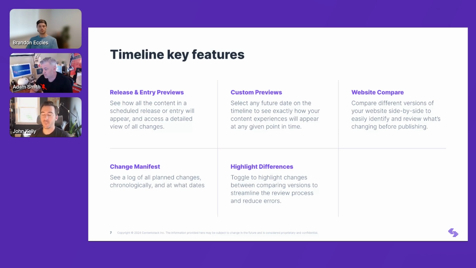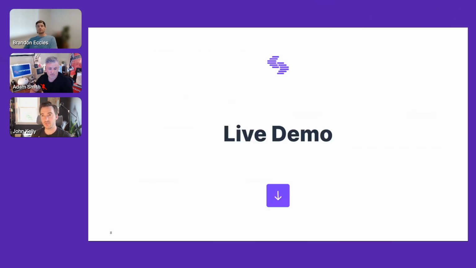And then lastly, it does provide a manifest of those changes chronologically to see all of the individual entries and assets that are set to be changed over time between, again, today's date and the date that you're looking to preview that change for. So with that, I think we'll turn it over to our sales engineer, Adam, to go through a demo of the product.